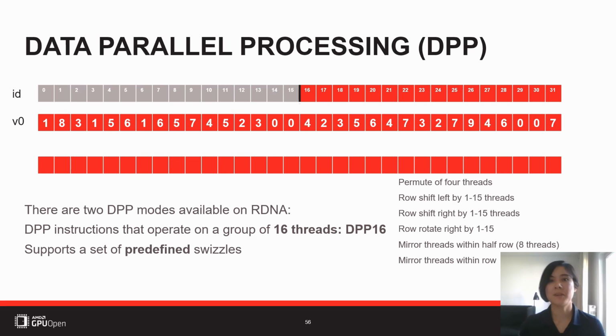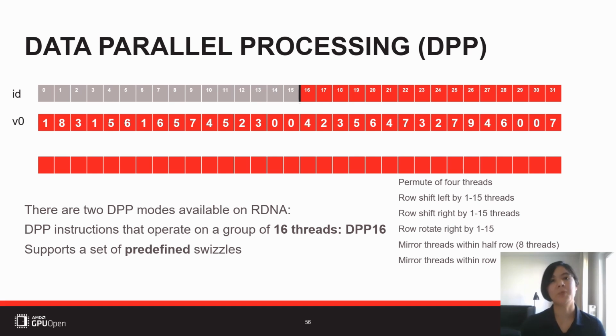The second mode is DPP 16. In DPP 16 we have a predefined set of swizzles. These are permute of 4 threads, row shift left, row shift right, rotate right, then mirror the threads within half, so basically within 8 threads, and then the other 8 threads, or mirror across the whole group of 16 threads.